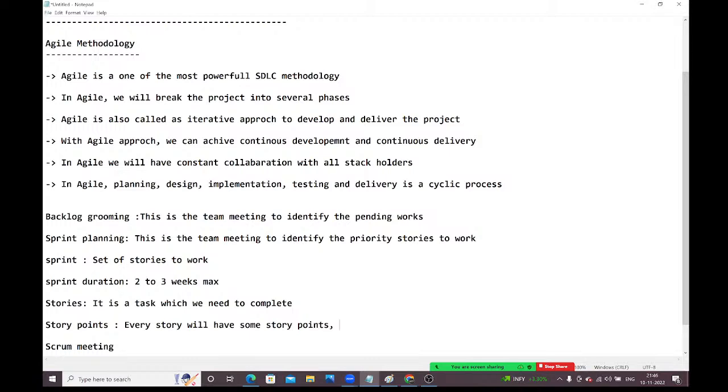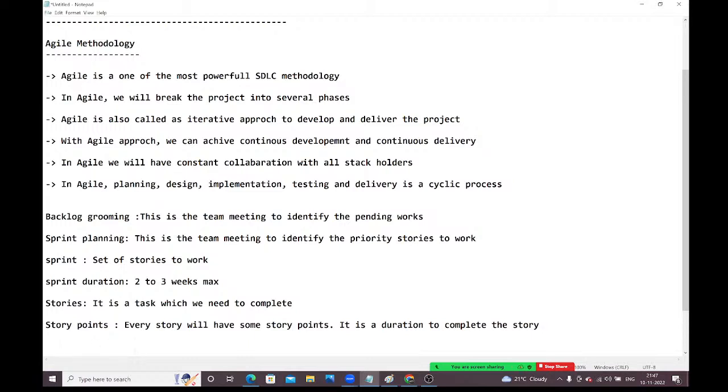Story points tell the duration to complete the story. Generally, they will give the story points like this.